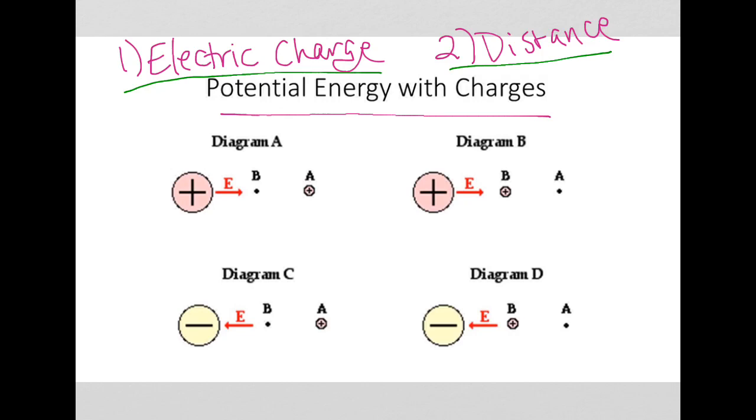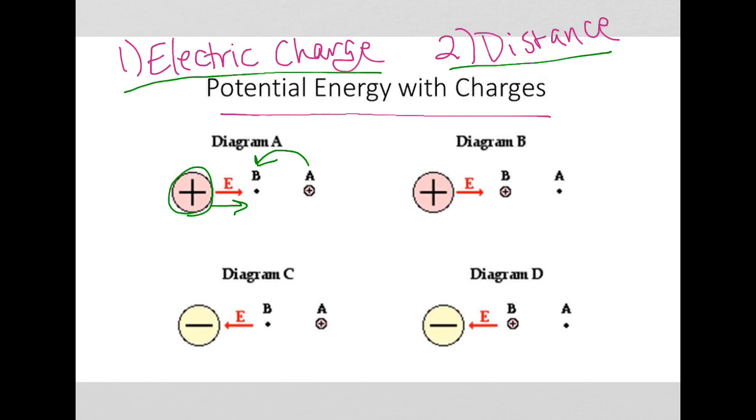So we want to move our charged object. Here in all situations, we have a positive test charge. In this situation, we want to move it from A to B. And here we have a positive charge creating an electric field. We talked in our electric field video that according to a positive test charge, positive charges create an electric field that goes away from that charge.